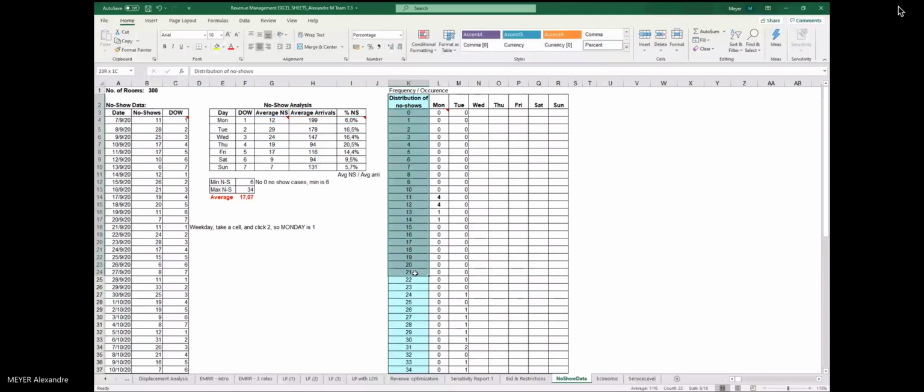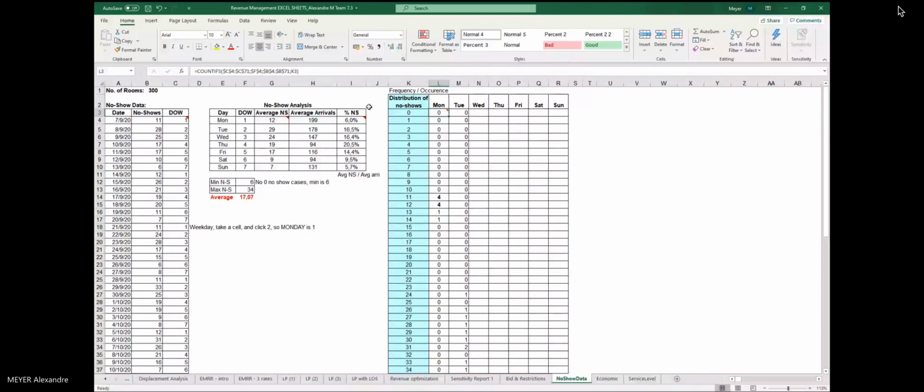Then you look at the distribution. To compute the distribution, I've only done it for Monday to save a bit of time, as we have gone over time. This table shows the frequency of no-shows for a given day.